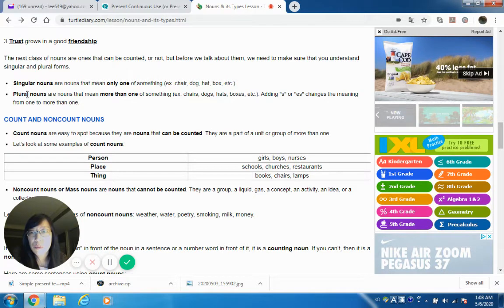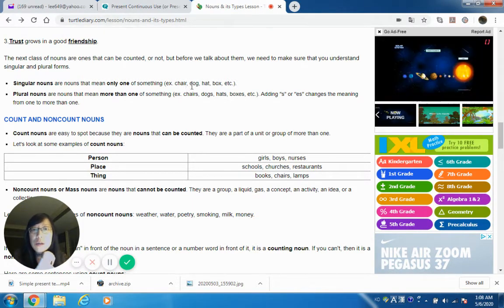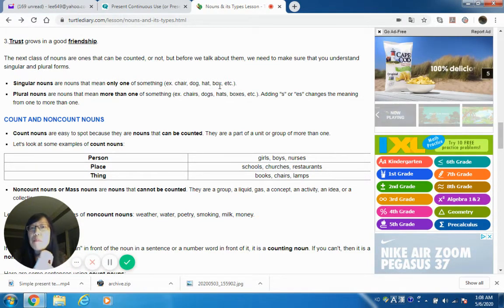And the rule for the plural nouns, you have to add s at the end. So chair, chairs, dog, dogs, hat, hats. Now box, that's a tricky one. You have to add es, boxes. To make singular nouns into plural nouns, the rule is just like the verb. Remember the verb?